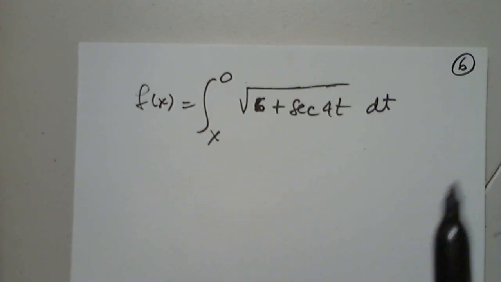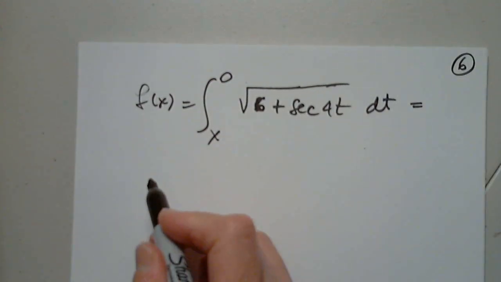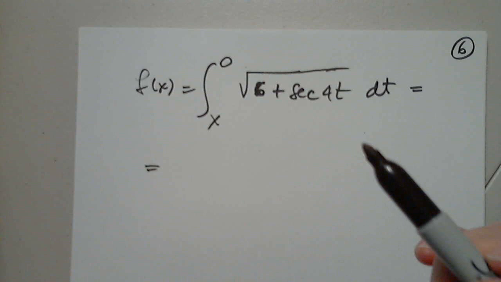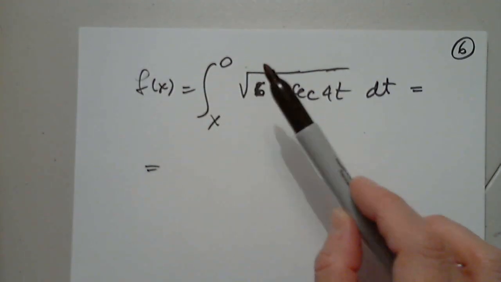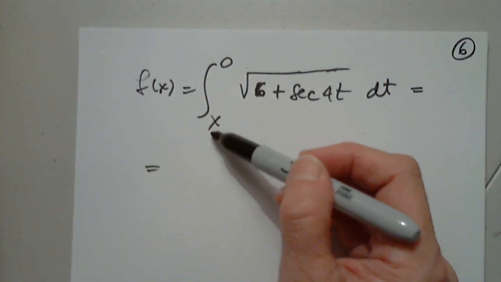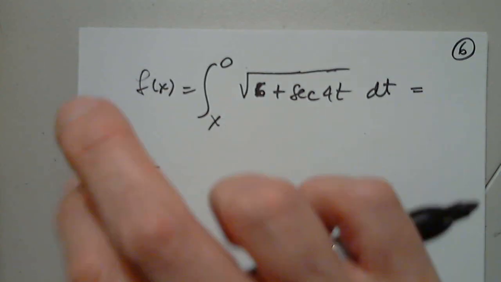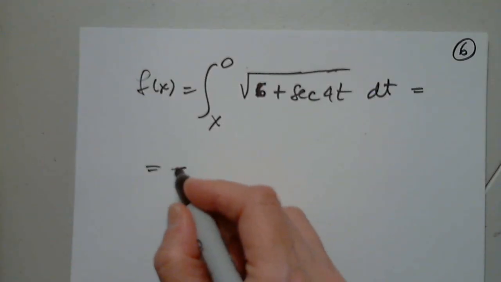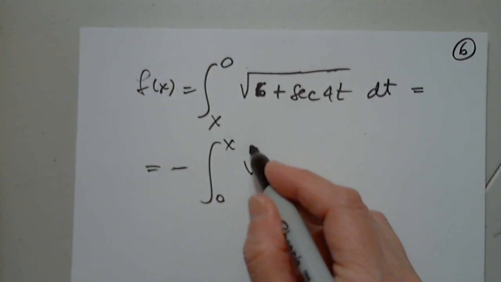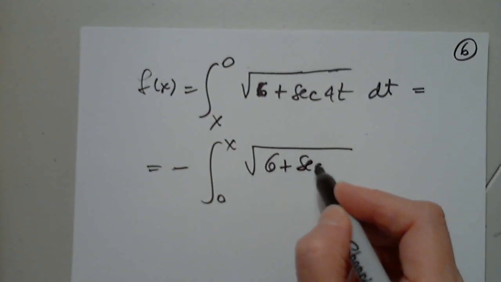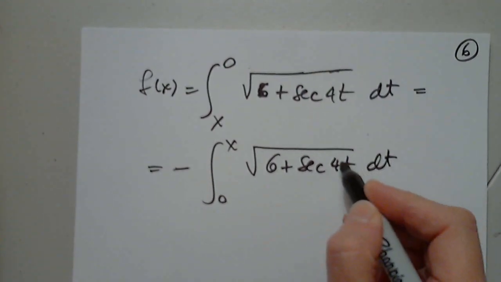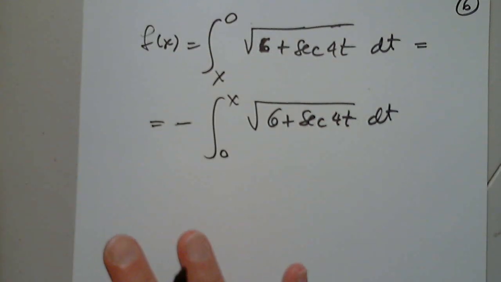First of all, in order to apply the fundamental theorem of calculus part 1, the lower limit has to be a number. So by swapping the limits of integration, we fulfill that requirement. And now we're ready to differentiate.